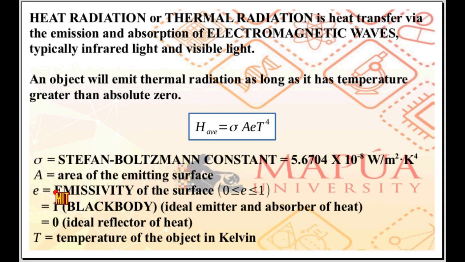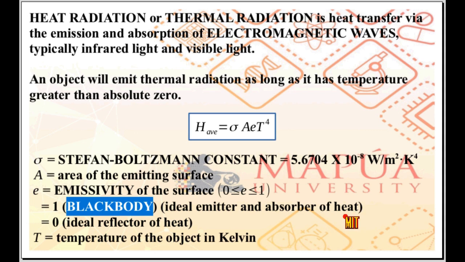E is emissivity of the surface that is emitting. Emissivity E is a unitless quantity ranging from 0 to 1. If E is equal to 1, the object or surface is referred to as a black body. A black body is an ideal emitter and absorber of heat energy, of heat radiation.